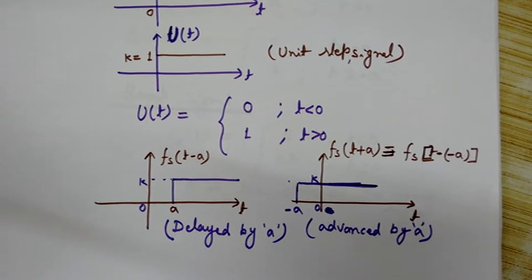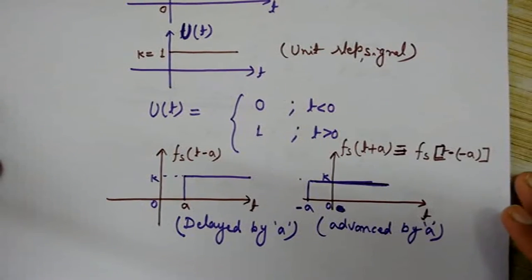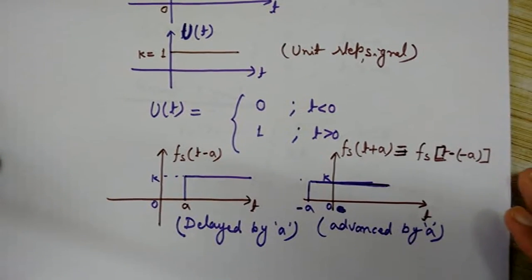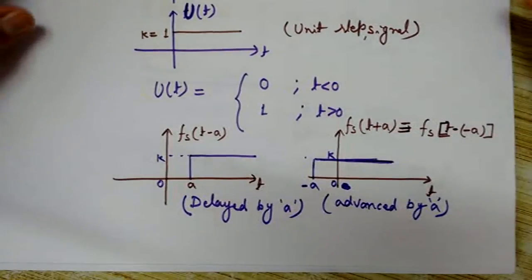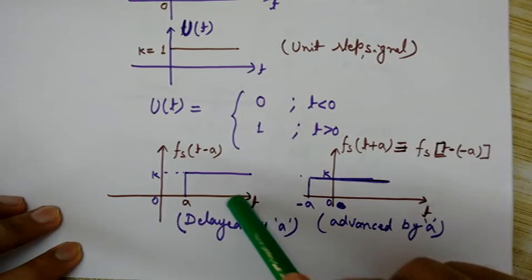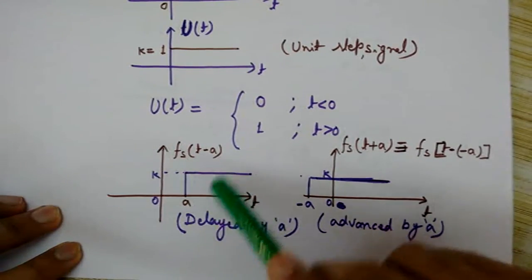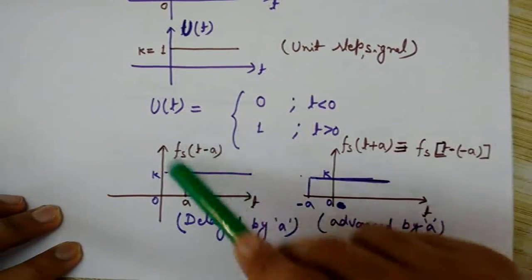Let's now discuss what happens when we shift this signal on the time axis. We will shift each of these signals, the unit step signal and the step signal, one by one on the time axis. As you can see here, we have represented a graph between time and the step signal.